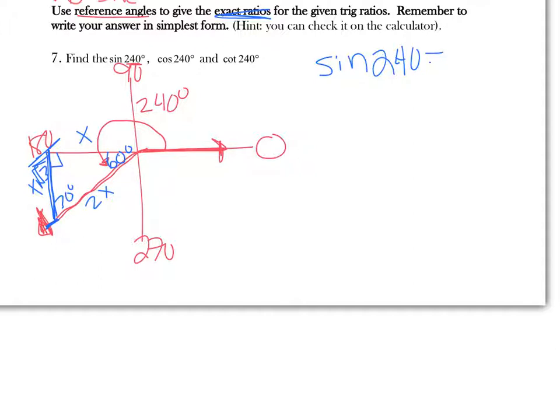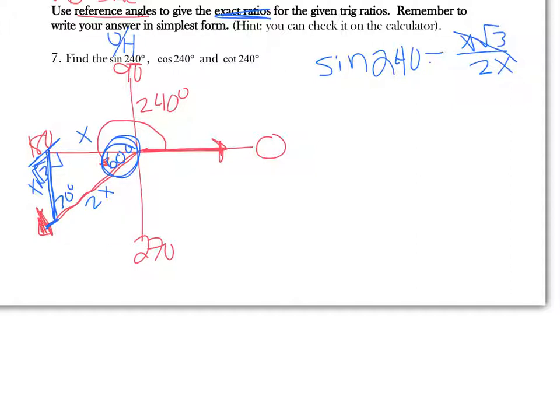So sine is opposite over hypotenuse, right? It's always of this angle that you're standing at, so opposite of angle 60 is x root 3. Hypotenuse is 2x. Your x's cancel, so you're just left with root 3 over 2.